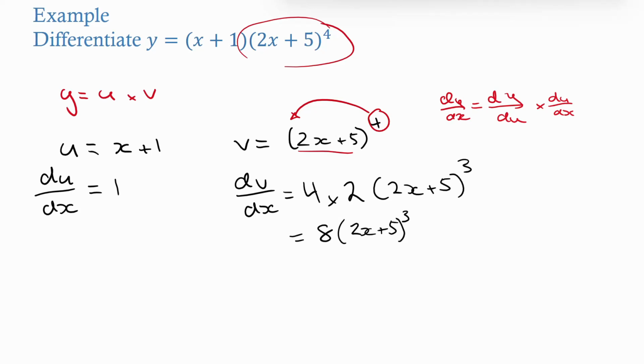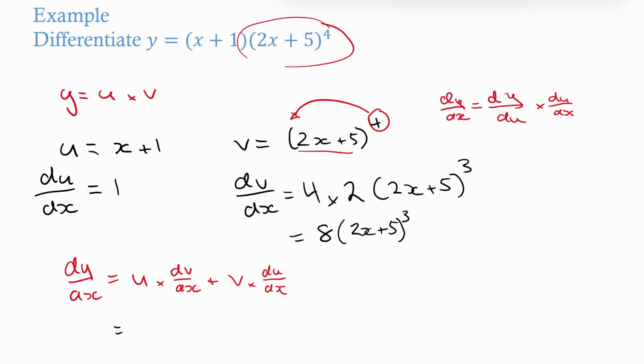Once we've done that, we can use our formula, which remember was dy over dx equals u times dv over dx plus v times du over dx.